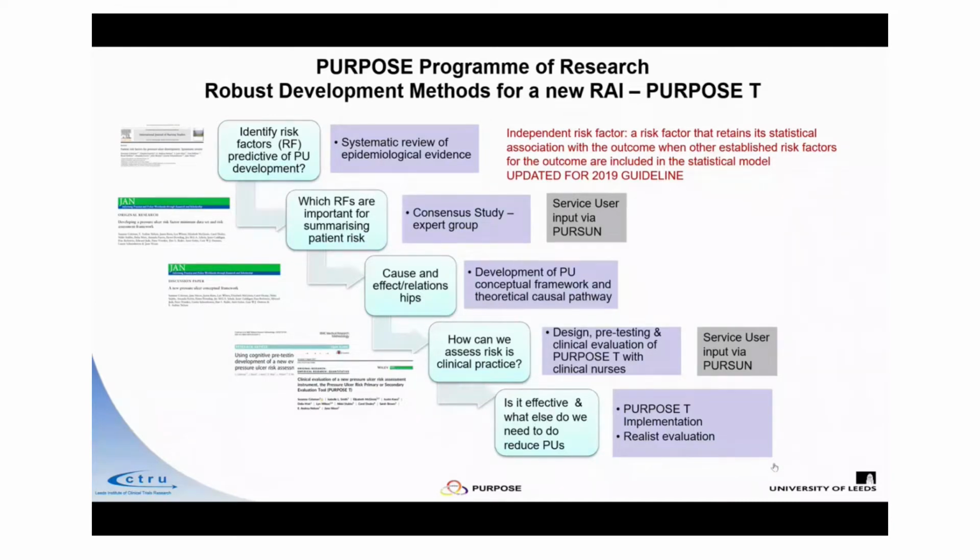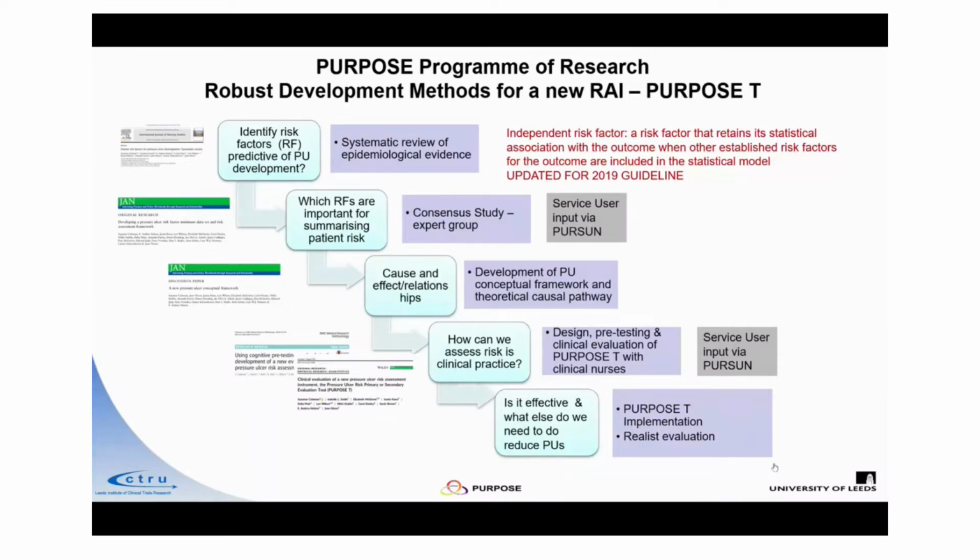First of all, we did a systematic review to identify factors that were most predictive of pressure ulcer development. Then that informed a consensus study that was international and some consensus work with service users, which identified the risk factors that were considered to be most important in identifying people who were at risk.